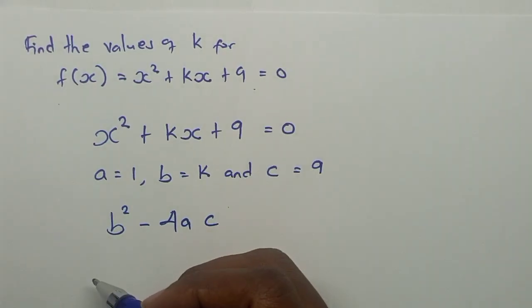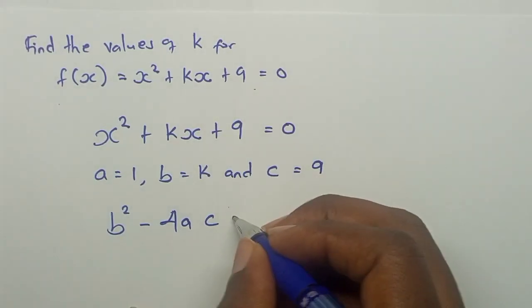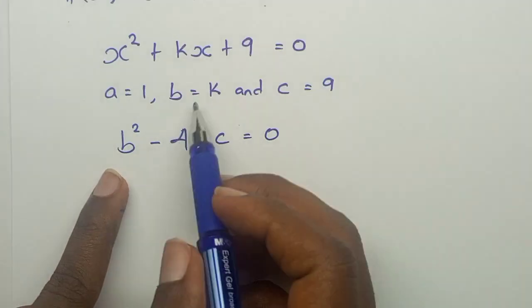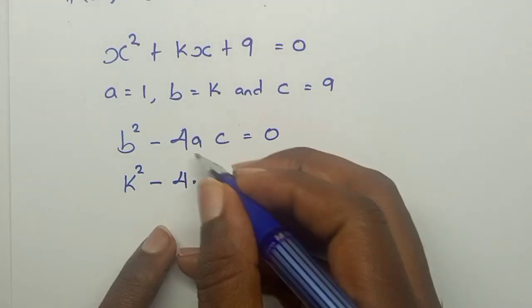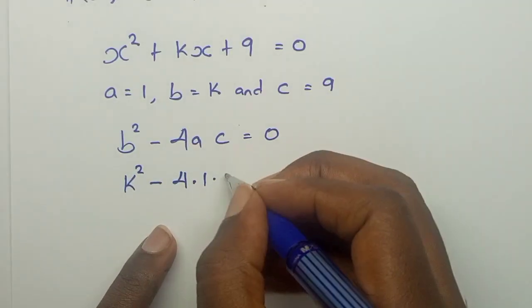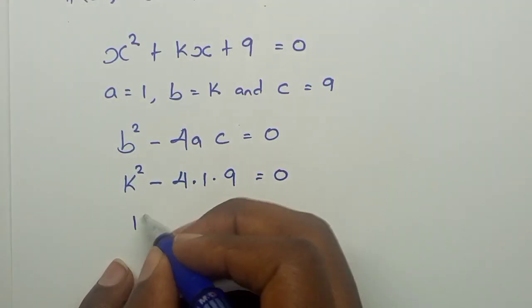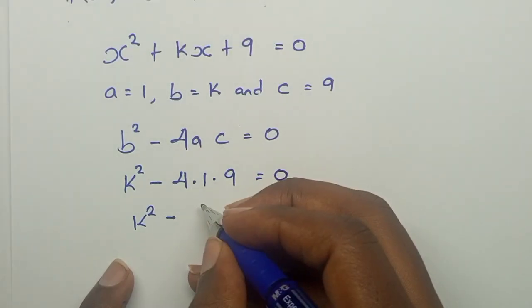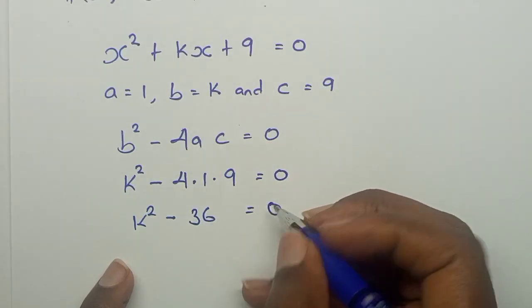So for equal roots, b squared minus 4ac has to be equal to 0. We've said our b is k, so it will be k squared minus 4 times a, which is 1, times c, which is 9, equals 0. So we shall have k squared minus 4 times 1 times 9, which is 36, equals 0.